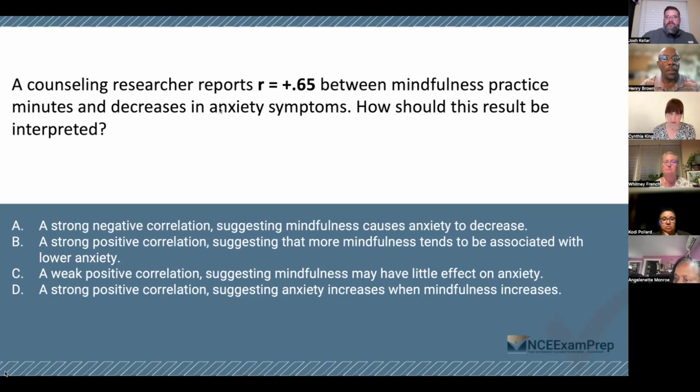The way that it's worded is misleading because our mindfulness practice minutes have increased and our anxiety symptoms have gotten better. That's what's not said here. If I may, Josh, number D states that anxiety is increasing, whereas the question states clearly it's a decrease in anxiety. That's what prompted me to go with B, strong positive.